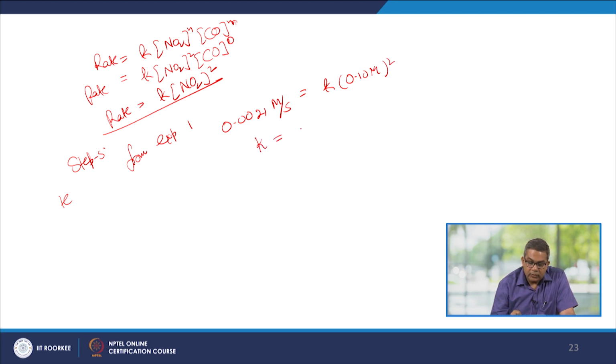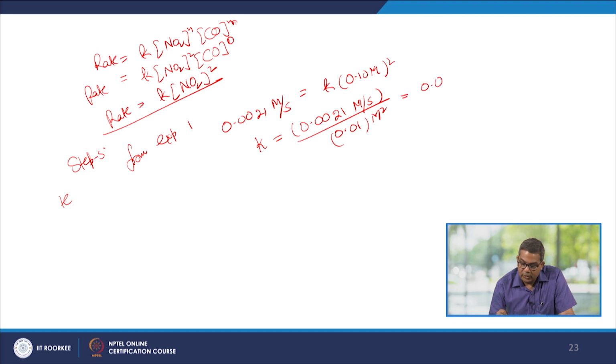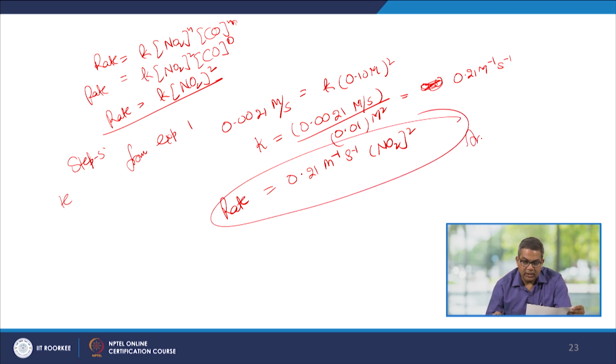Now k is equal to 0.0021 over 0.010 M to the power 2, which comes out to be 0.21. So the rate constant is given. At last we have found that the rate is 0.21 mole inverse second inverse NO2 to the power 2, and this is our answer.